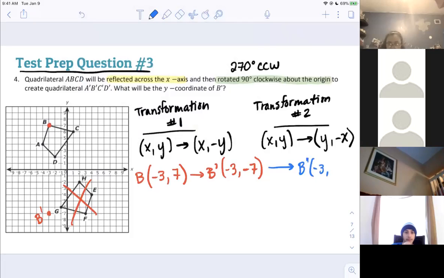Oops, I just wrote that wrong. -7, comma, +3. Okie dokes. So here we go. -7, comma, +3 is my final resting place for this B.